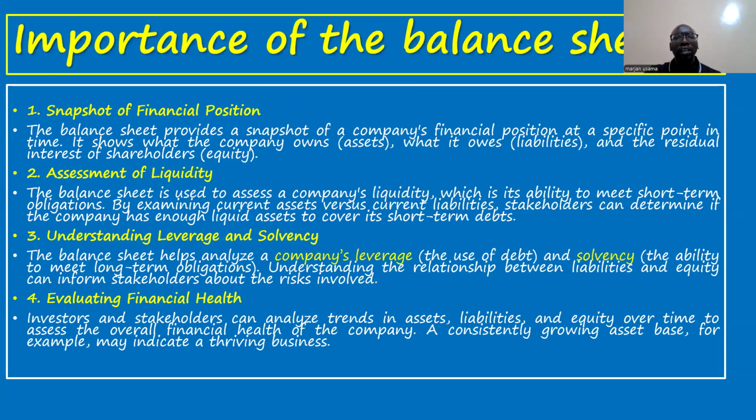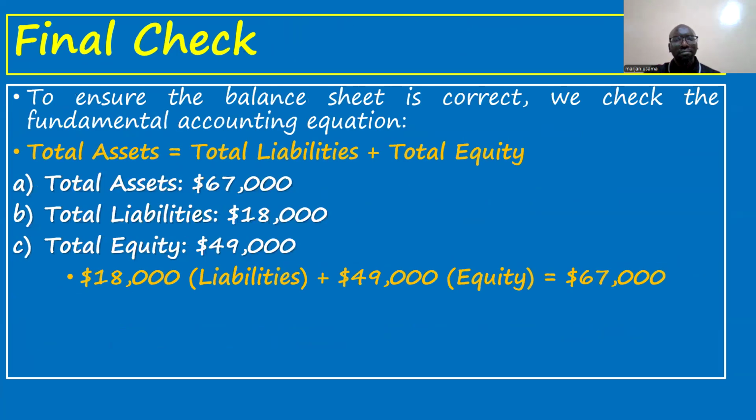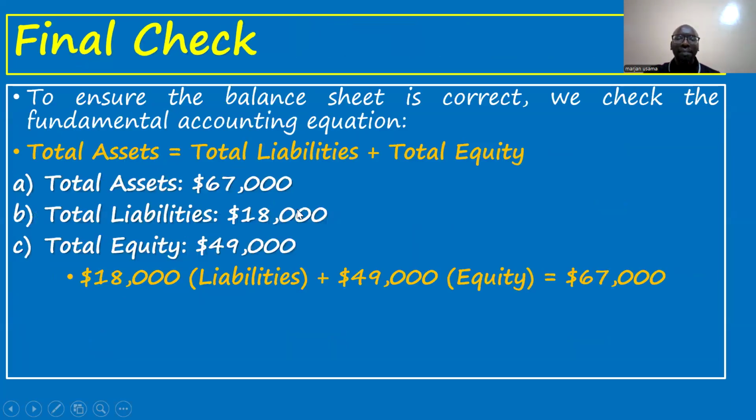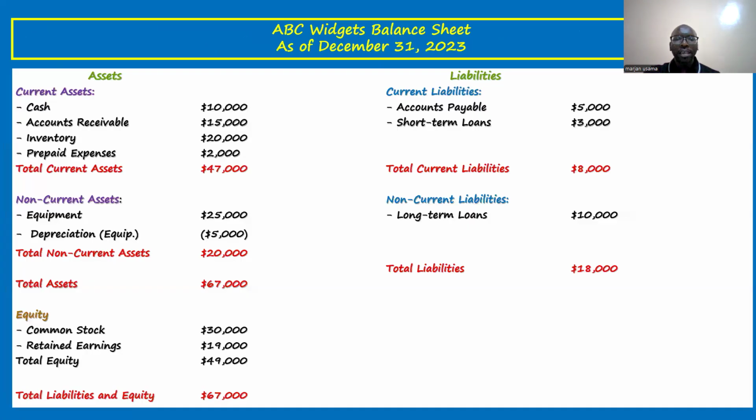For example, if this is our balance sheet, when you're talking about liquidity, you just take your current assets versus current liabilities. Here, our current assets is 47,000. Then we divide it by the total current liabilities, which is 8,000.